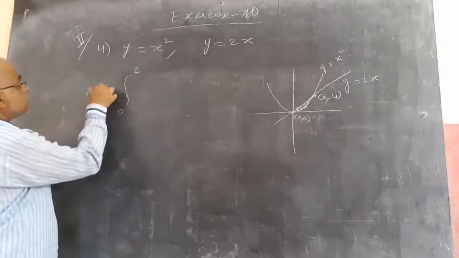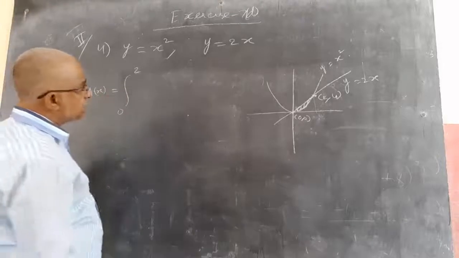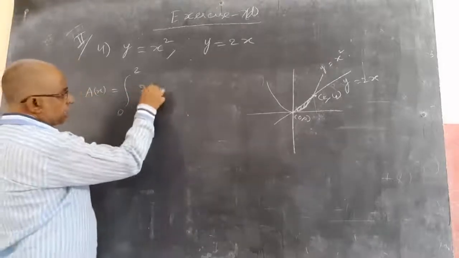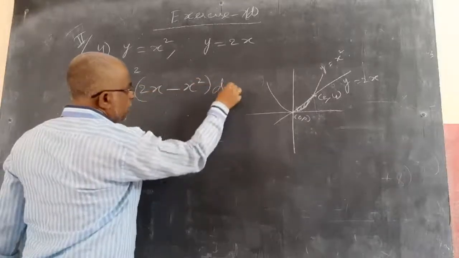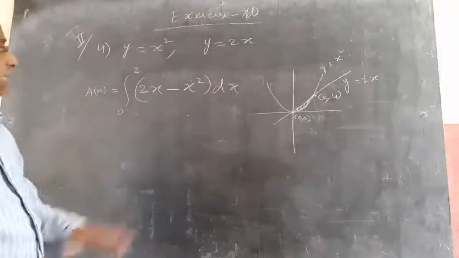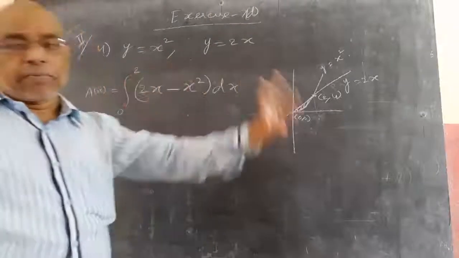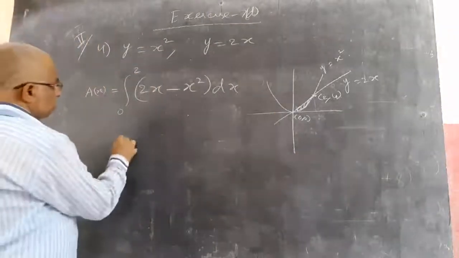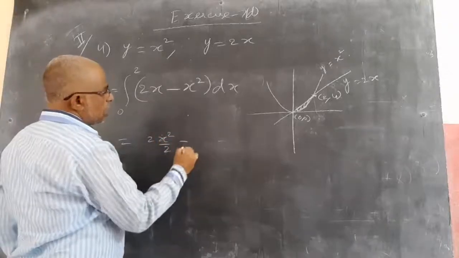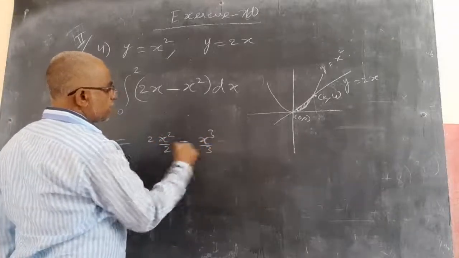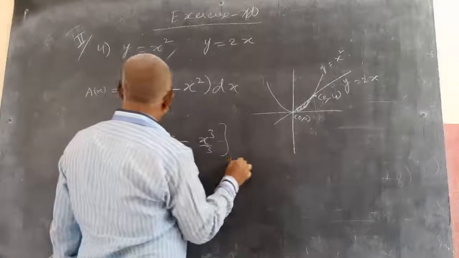So area between the two curves equals upper curve, I got it as 2x, minus lower curve x square, by drawing the graph. If you don't draw the graph, you take this as f(x), this as g(x), nothing will happen, take modulus. So this is equal to 2x integration 2 into x square by 2, minus x square integration x cube by 3, between the limits 0 to 2.